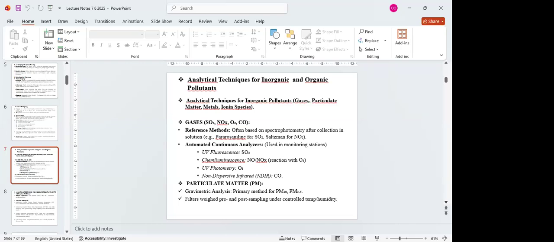Some of these reference methods are based on photometry, and after collection in a solution, we subject them to this analysis.